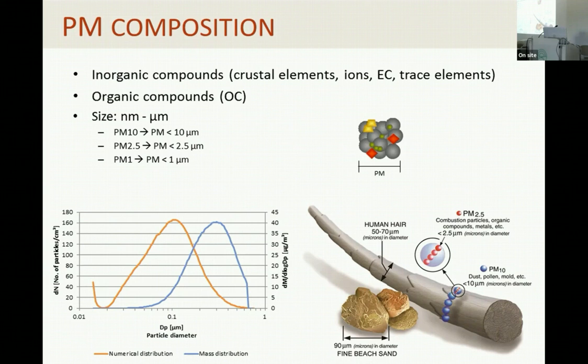The size of PM is also dependent on its source, from a few nanometers for soot to some micrometers, as with pollen or Saharan dust. PM10 is the label for particles smaller than 10 micrometers, and PM2.5 are particles smaller than 2.5 micrometers. So the number represents the cutoff size of the particle diameter.